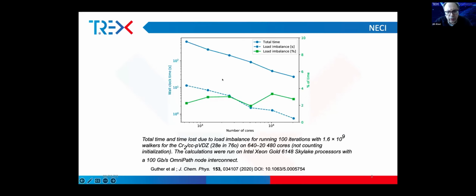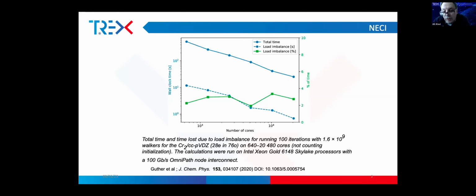What is shown here is the CPU time to execute a certain number of iterations, I think 100 iterations, in a simulation with about 1.6 billion walkers. So that's a large number of walkers distributed over the processors. You have a log scale on the x-axis, and you go up to about 20,000 processors.